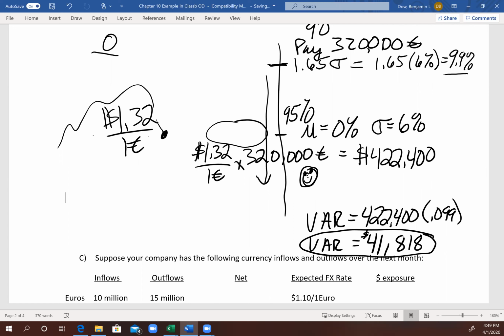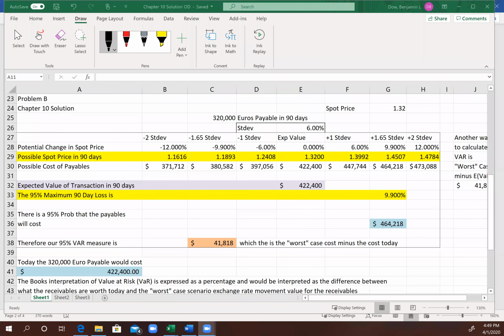All right, let's see if we have any questions. Questions? So that was number B. If you look back on that handout, here, I'll share it with you real quick. You can see where we are.